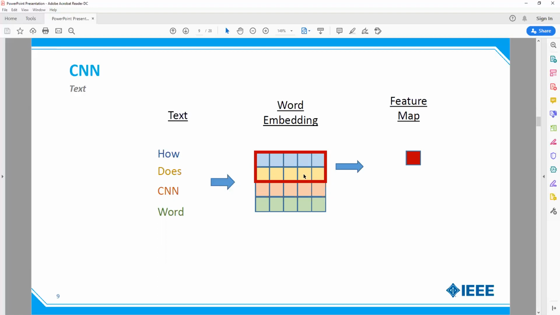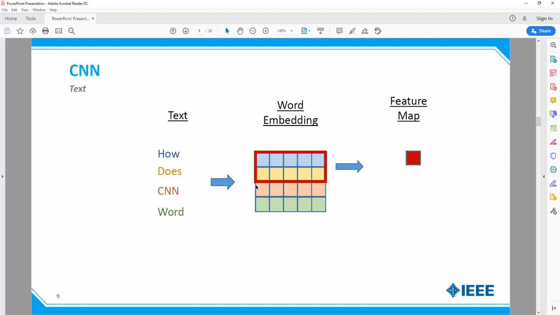However, we only specify one dimension of the kernel. In this case, the kernel size is 2, and the remaining dimension of the kernel is the size of our word embedding. So we span across the whole word embedding.